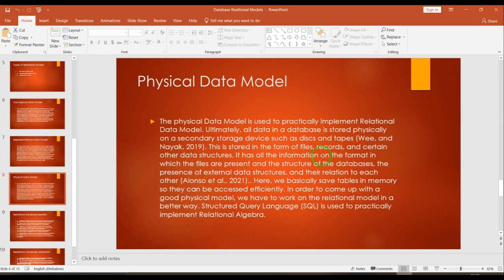Then finally, the physical data model. How is the physical data model used? The physical data model is used to practically implement the relational data model. Ultimately, all data in a database is stored physically on a secondary storage device such as disks and tapes.